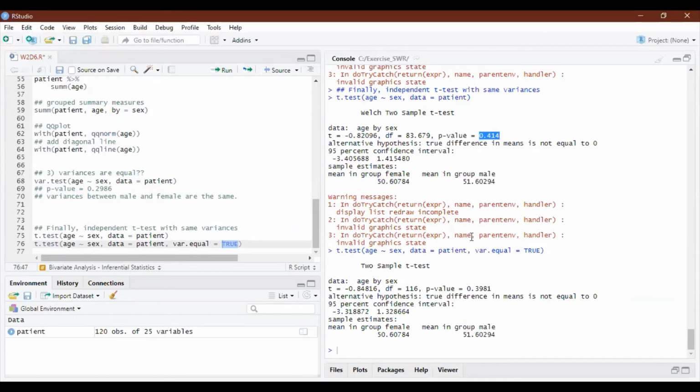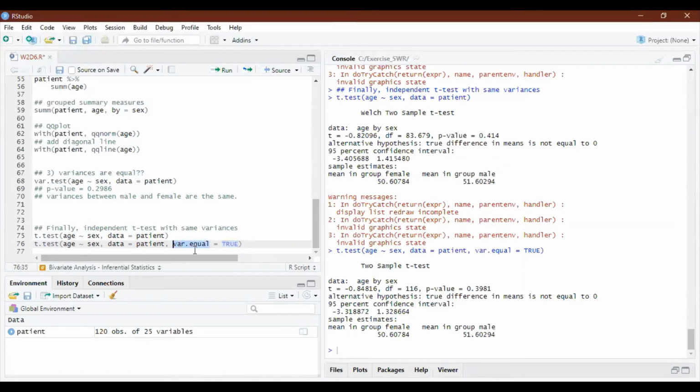It gives you the opposite result. So in that case, you need to look at all the assumptions, and based on the assumptions, decide whether assuming equal variances is correct or not, and then you choose the correct p-value.